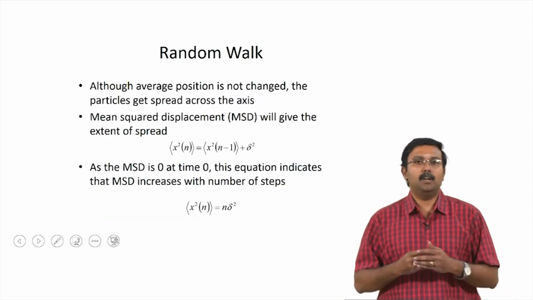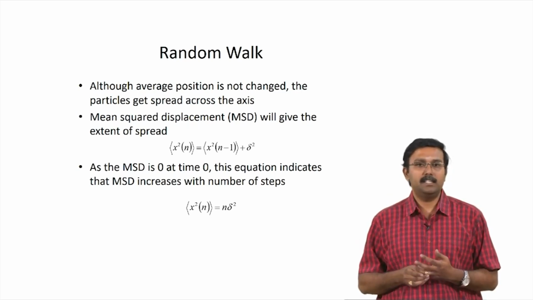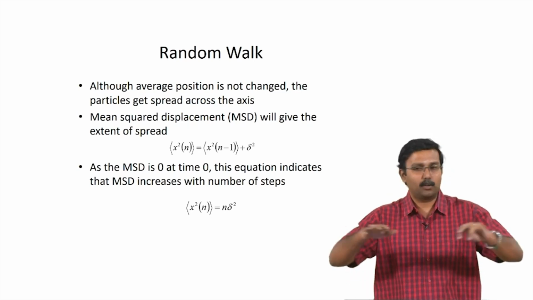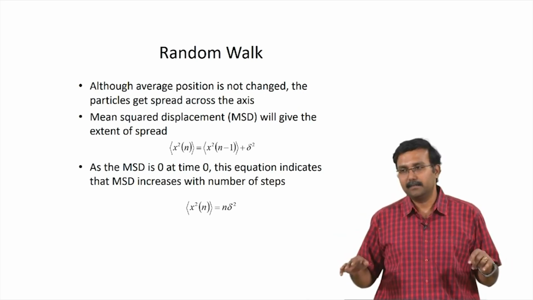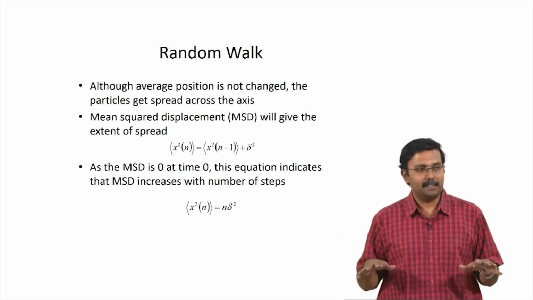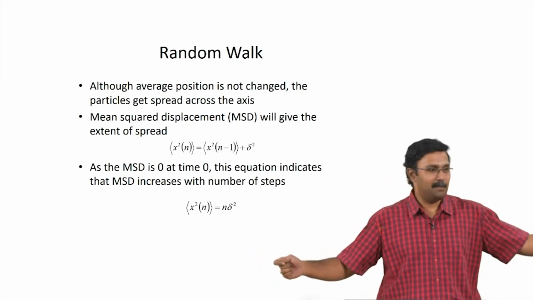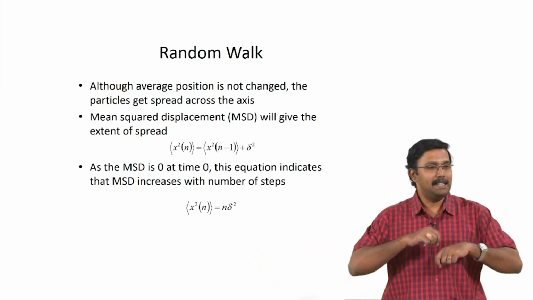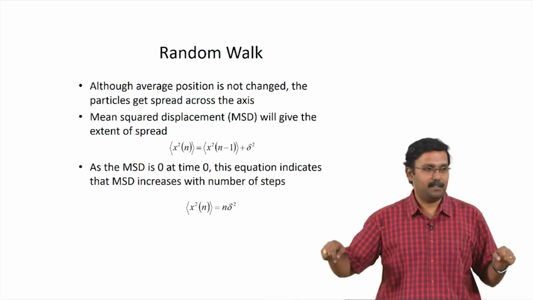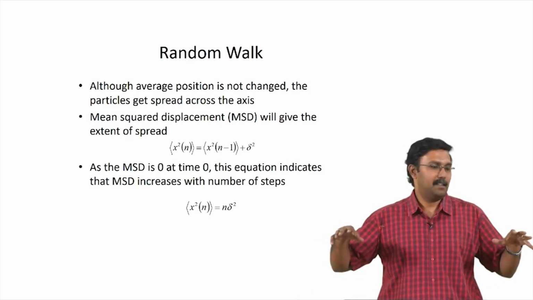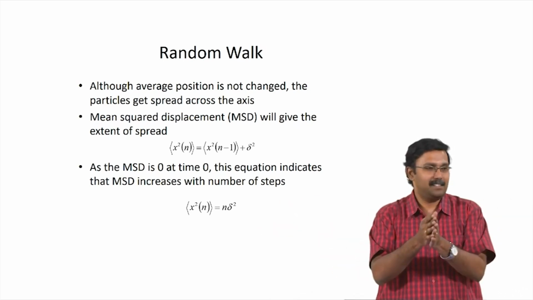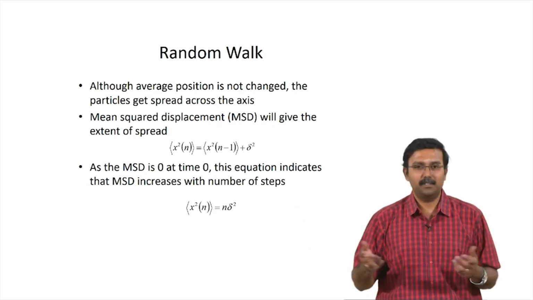The average position is not changed, but the particles are spread across the axis, right. It is not that the cells are not migrating. For every cell which is moving to the right, there is another cell moving to the left. So, the distance of each from its origin has increased, but if you were to add all cells, that would even out. Okay.